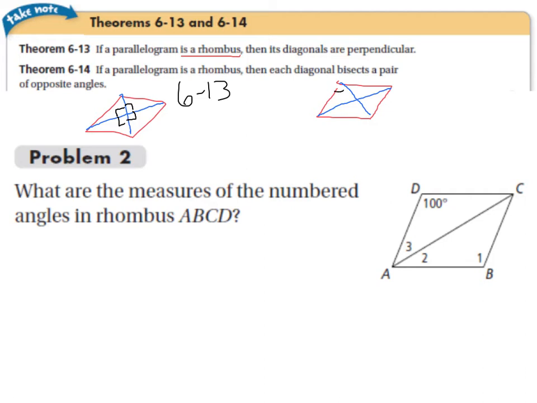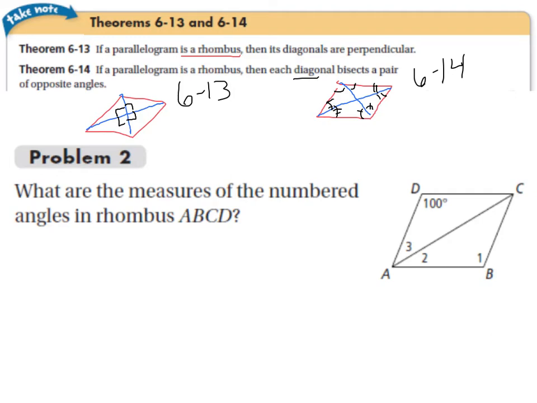So this small angle is congruent to this small angle, this small angle is congruent to this small angle. This angle is congruent to this angle, and this angle is congruent to this angle. So at every point, the diagonal cuts the angle in half. Again, make sure to write that down.